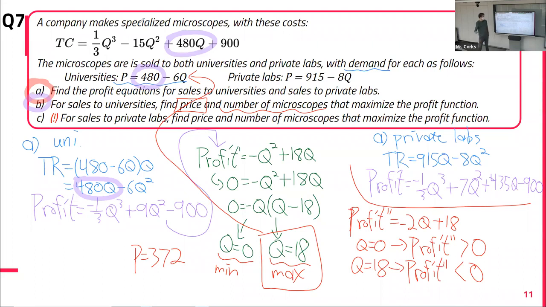Because the numbers do not work out as easily. For example, this one here has no Q term, so when we did this first derivative, we didn't have to do some product or solve a quadratic. We just had these two, so it's a lot easier. The other one is not.